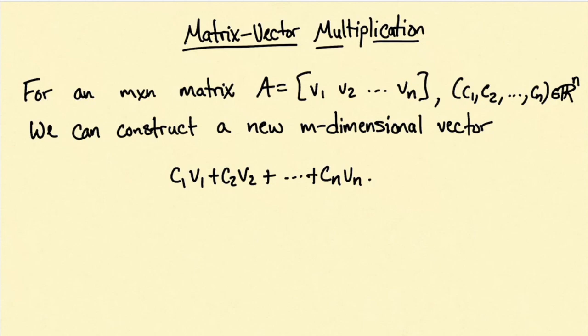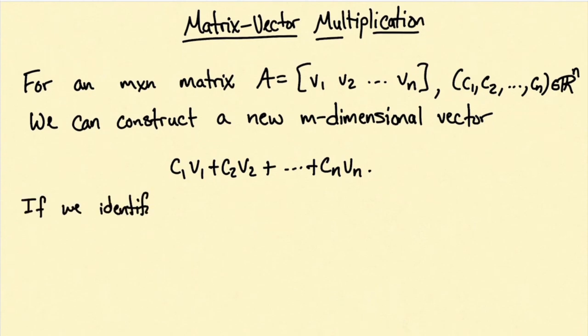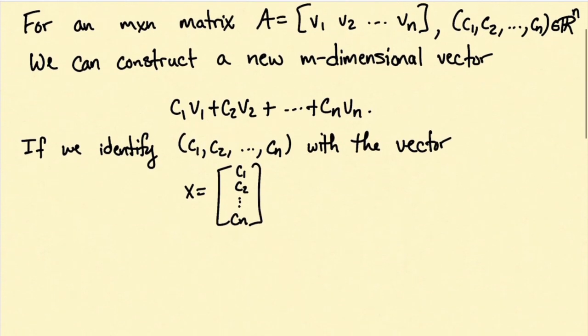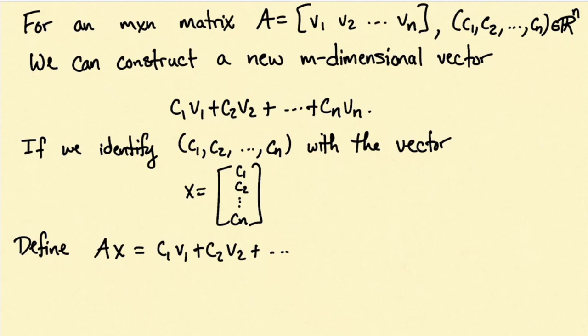So if we identify the point c1, c2, down to cn with the vector, which we call x, whose entries are c1, c2, down to cn, we can define A multiplied by x to be the linear combination c1 times v1 plus c2 times v2 down to cn times vn.